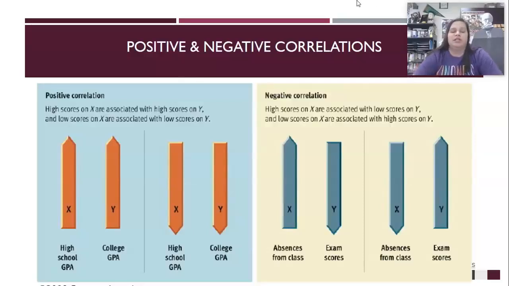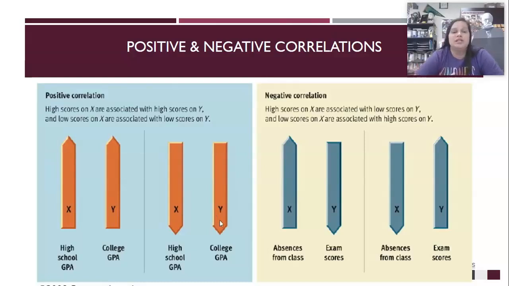So some more examples, looking at it in terms of using directional arrows. High scores on X are associated with high scores on Y. For example, a higher high school GPA can predict a higher college GPA. The lower your high school GPA, the lower your college GPA.